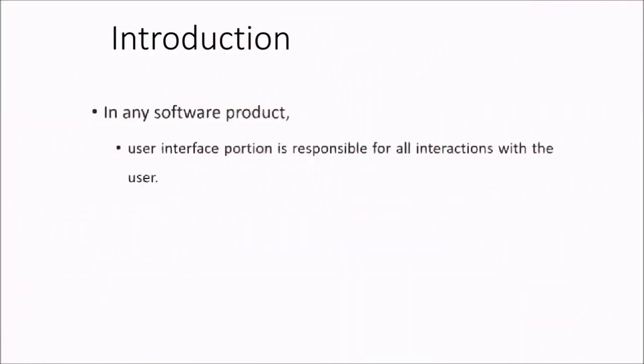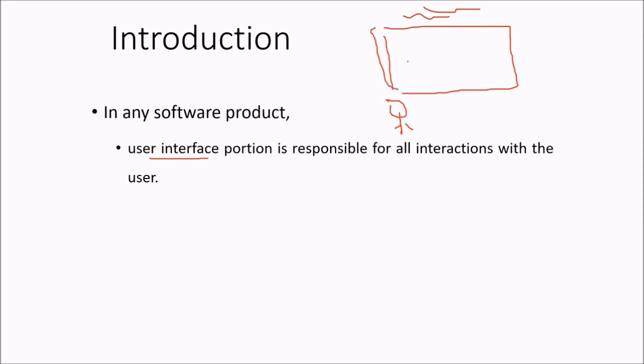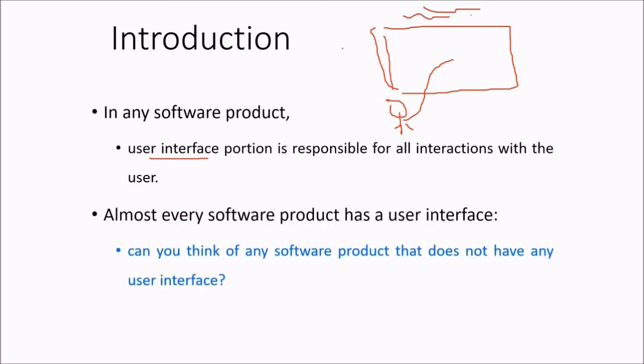For any software product, the user interface portion is responsible for all the interaction with the user. It is an interface, an intermediate option, between a user and the software you have written. The user interface is the only option through which the individual is going to interact and call all the programming that you have done on the back end.